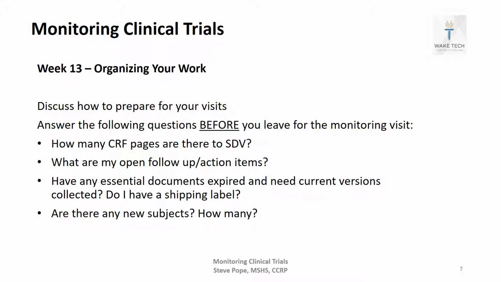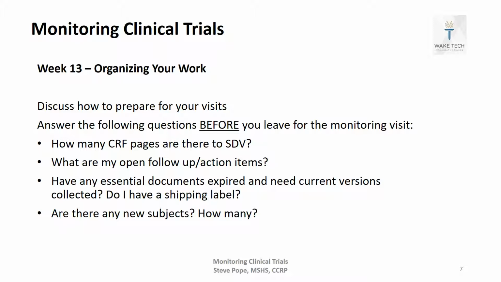So if that's something that you create, or if someone else has to create that, it's a good idea to get that done ahead of time, or ask them to create it the day you're there and email it to you. So you can get that done and then slip that in the FedEx box before you leave, or you can ask someone from the site to do it if you're not sure where that is on the site. They can always ship it out for you.